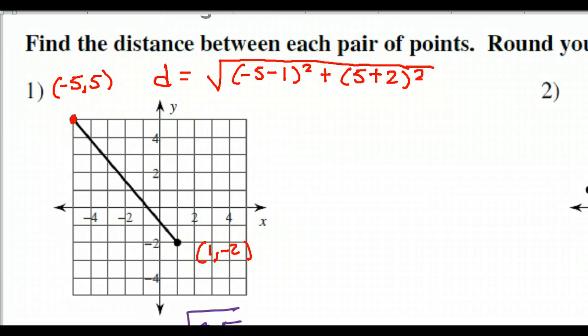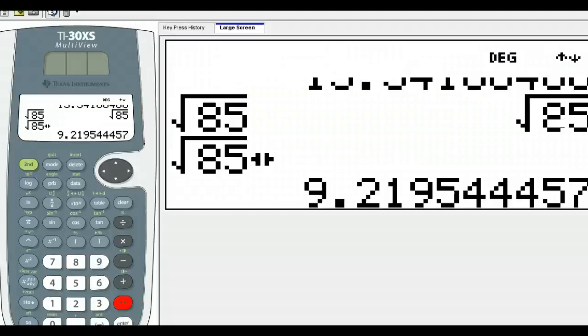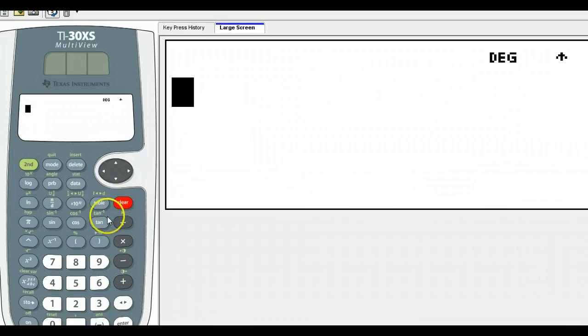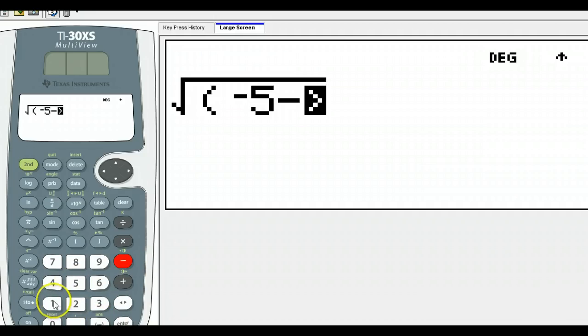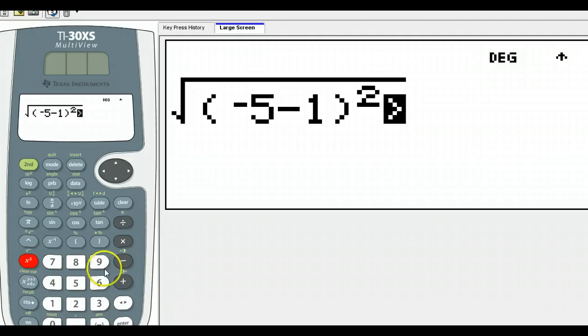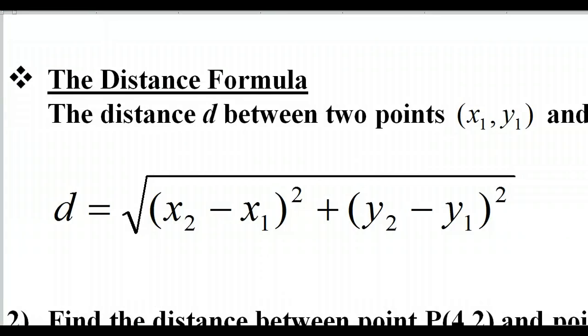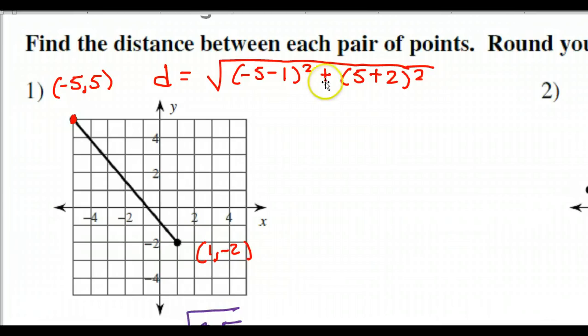So I'm just going to put that in the calculator. Square root of -5 minus 1 squared plus 5 plus 2 squared.